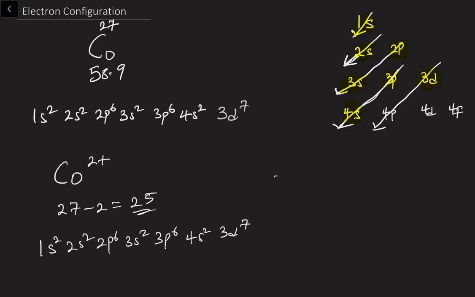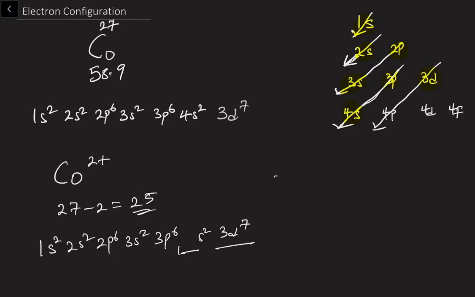Now we have to remove 2 electrons. Question for you: are we going to take out the electrons from the 4s2 or the 3d7? We are taking out the electrons first from the 4s2 because the energy level 4 is higher than 3. So we're going to remove the electrons from 4s2.